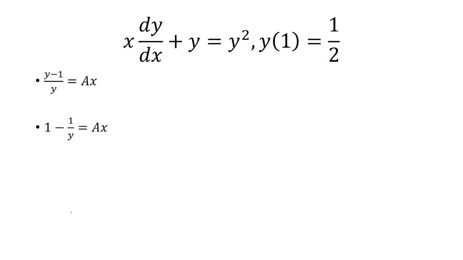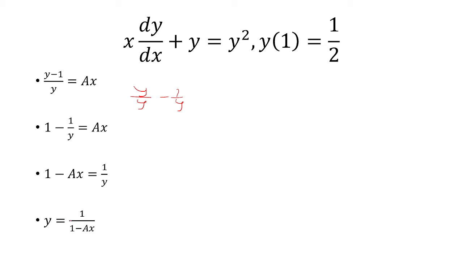I'm going to multiply both sides by y. Or actually, before I do that, I'm going to break up the fraction. Y minus 1 over y becomes y over y minus 1 over y. And then I'm going to subtract ax from both sides, add 1 over y to both sides, and then flip both sides.